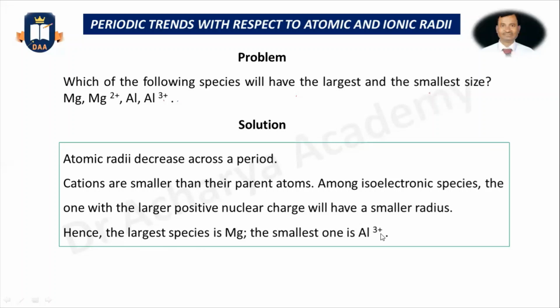So you have to consider these two things, that cations are smaller than their parent atoms, and we also have to consider isoelectronic species, where the larger positive nuclear charge will have a smaller radius. So that's why Al3+ is the smallest and Mg is the largest species.